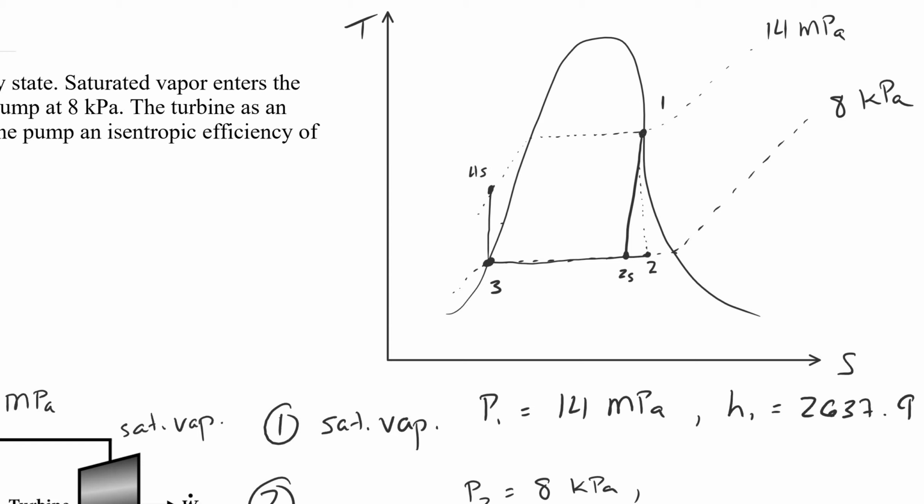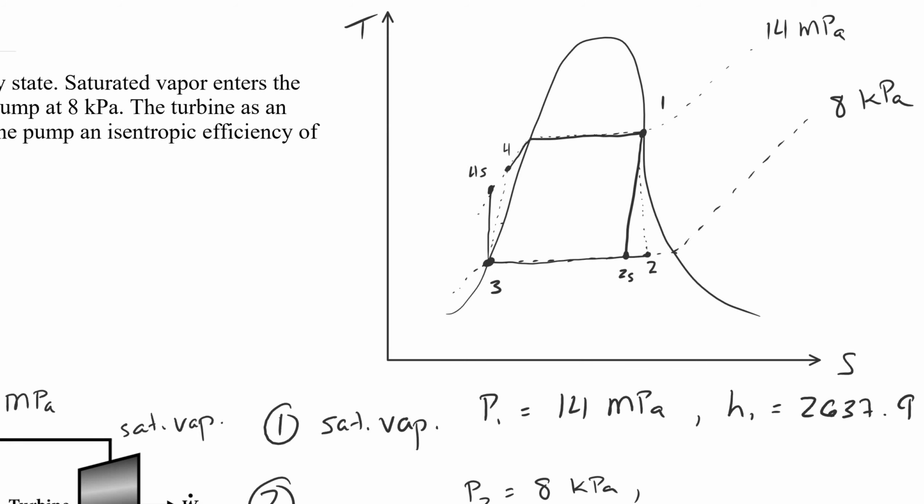The real process, because now we have an isentropic pump efficiency, is going to travel from state 3 to the real state 4. Okay? And then again, we have our path from 4 back to 1.